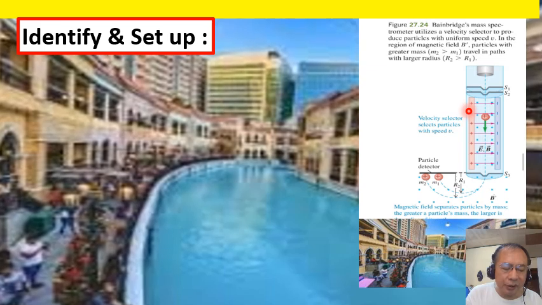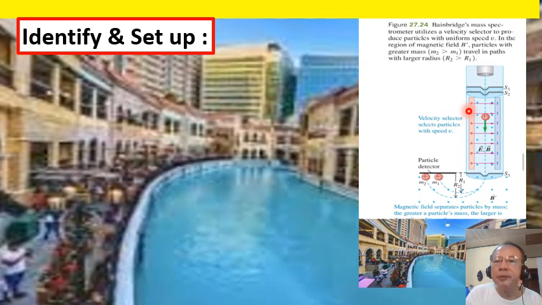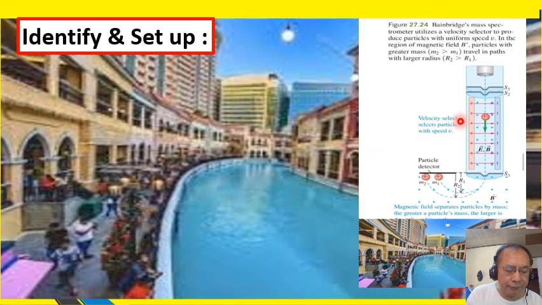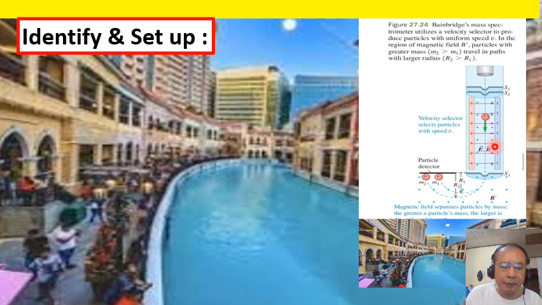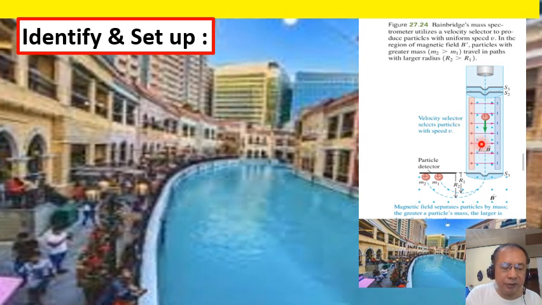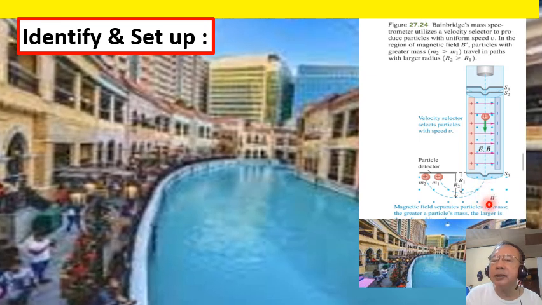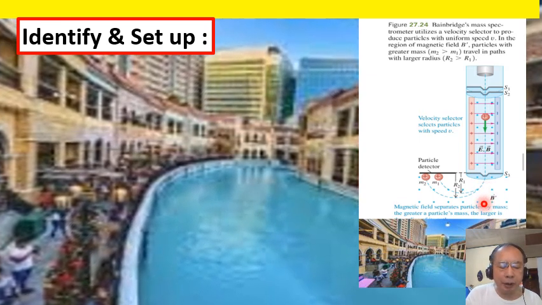As the selected ions emerge from the velocity selector, there is an external magnetic field. In the diagram, the magnetic field is directed towards the reader. Notice the dot symbol representing the direction of the external magnetic field.